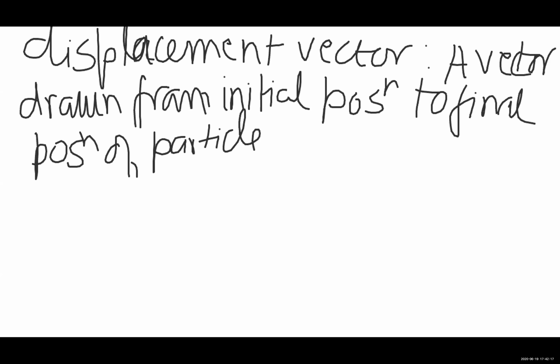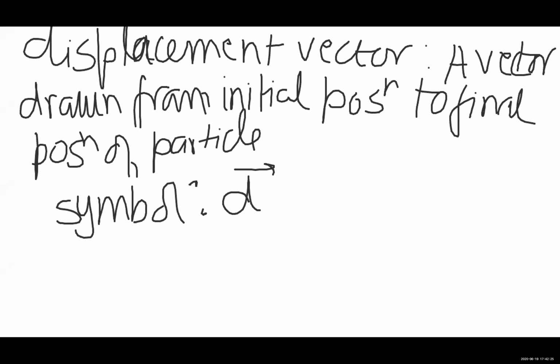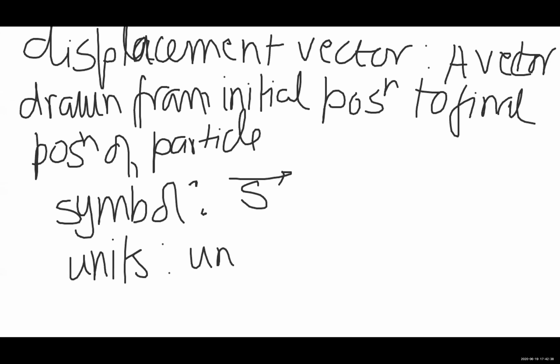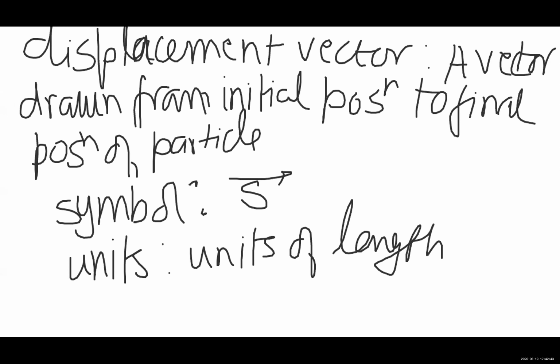So here the symbol is D. Well, actually the symbol is not D. The symbol is something else. You've seen this before. It is S, and the units are the units of length. Right, now, why do we need two units or two objects having units of length?